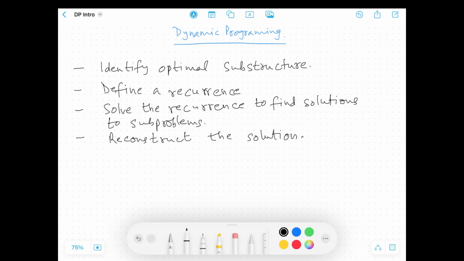So before we dive into more complex problems which are generally solved by dynamic programming, like the knapsack problem or the traveling salesman problem, we are going to look at a very simple problem to give you a hands-on of how dynamic programming is going to work.